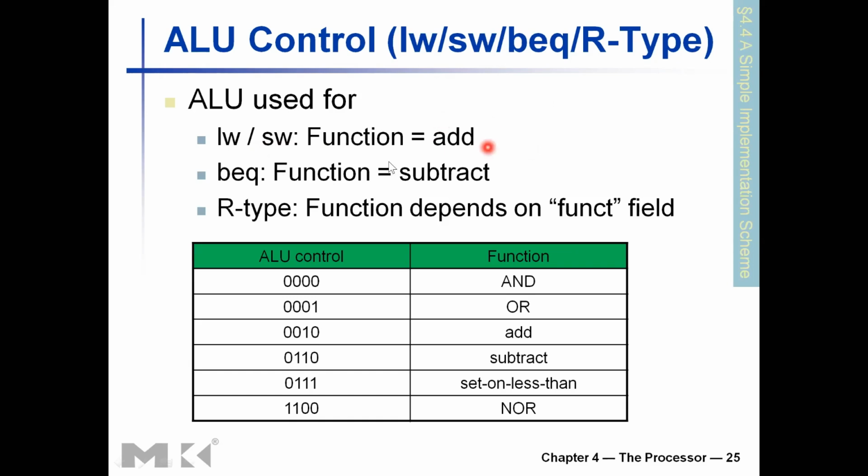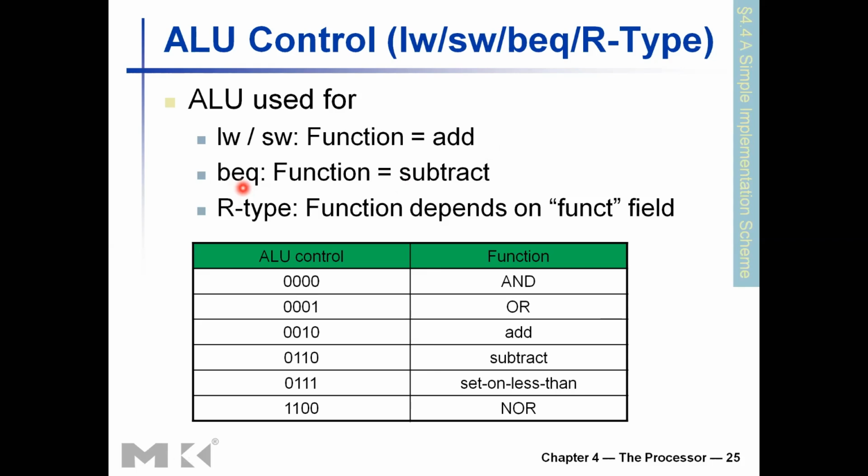Then for branch if equal type instructions, very similar to other branch instructions as well, but for the branch if equal instruction, the function performed by the ALU is subtract. Branch if equal will give you two register operands, register numbers. So what it needs to do is subtract one from the other and check the result.